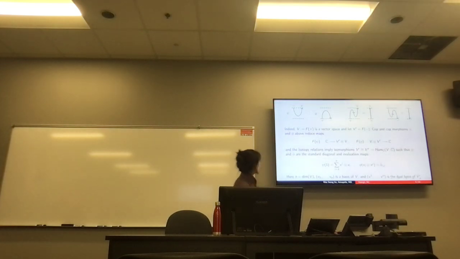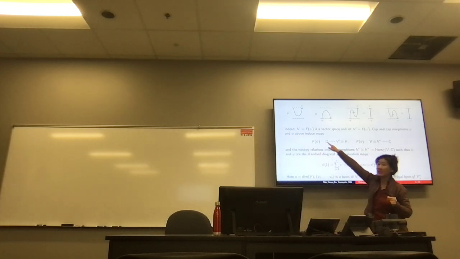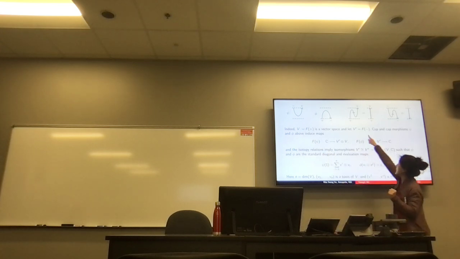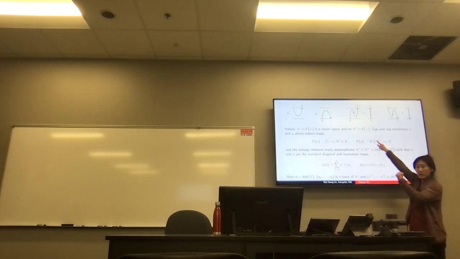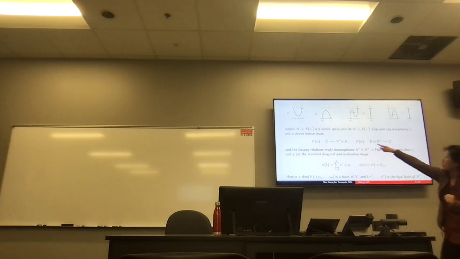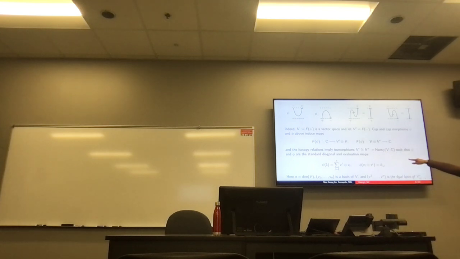Under this functor F, it's going to map this plus sign, the zero-dimensional plus guy, to a finite dimensional vector space V. It's going to map the minus guy, the one with the minus orientation, to V prime. And then the cup and cap morphisms: the first one on the top we're going to call the cup, the second one is a cap. These morphisms induce these maps.